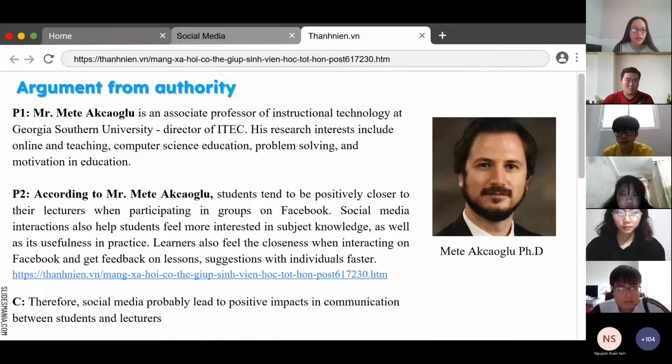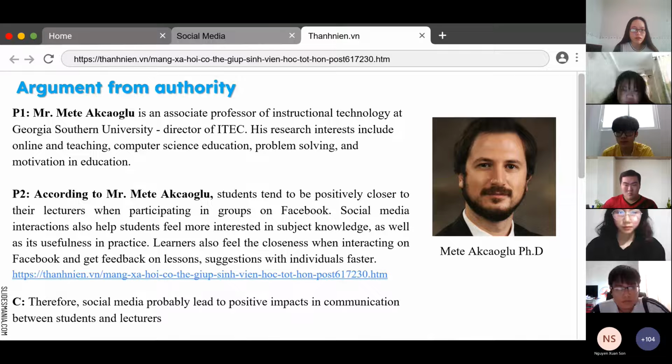Mr. Mead is an associate professor of instructional technologies at Georgia Southern University, director of ETEC. His research interests include online teaching, computer science education, problem solving, and motivations in education. According to Mr. Mead, students tend to feel positively closer to their lecturers when they participate in groups on Facebook.